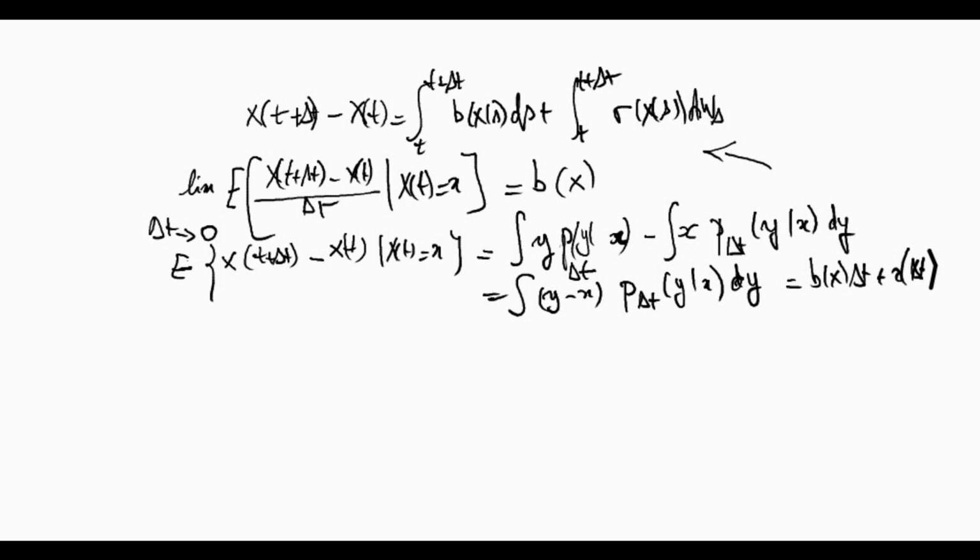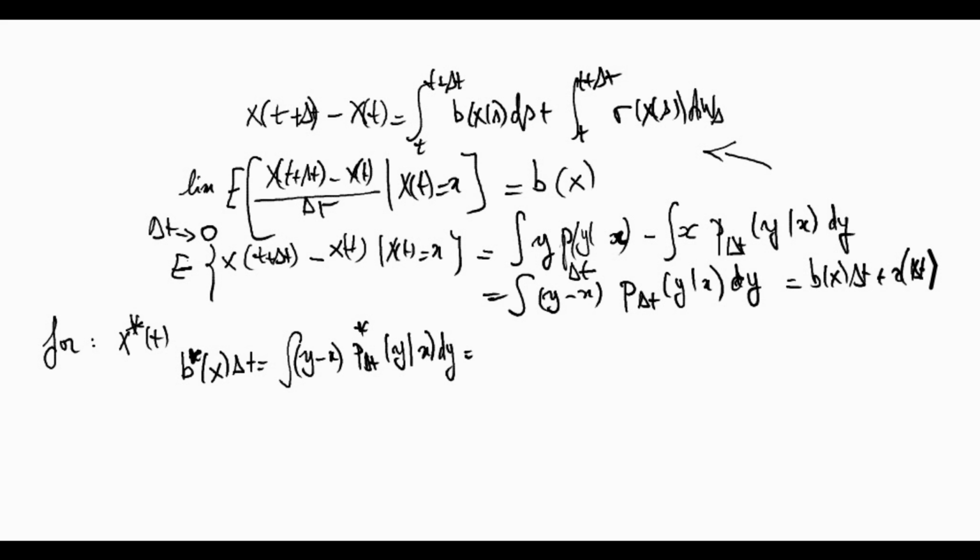So now we use the conditional probability for the process x star of t, and we are going to replace in this expression p by p star. So by definition, b star of x delta t equals the integral of y minus x times p star of delta t, y, x, dy.